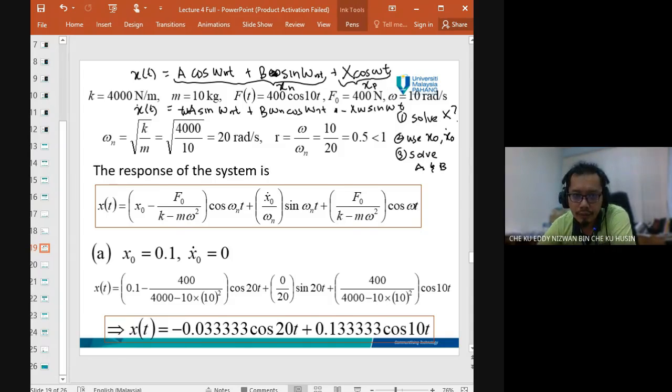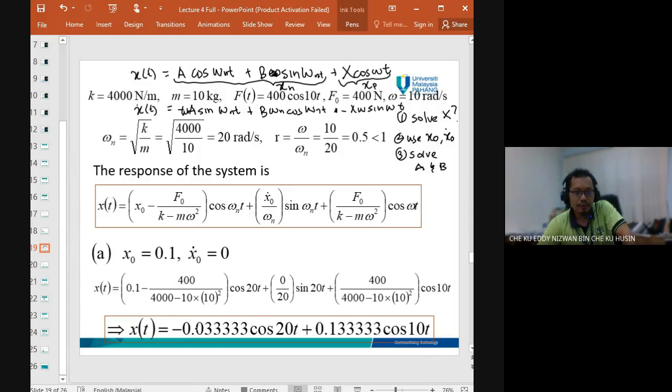So this one is the more general solution. However, if you know the system is very simple, you can straightforwardly use the equation. This equation is the general equation for single degree of freedom systems. Based on the given initial conditions, you can just insert into this equation. If you use the same steps, you also get the same solution.